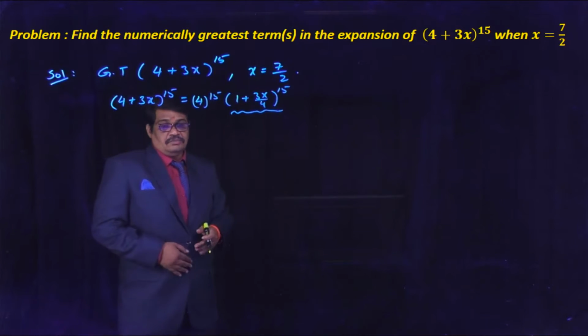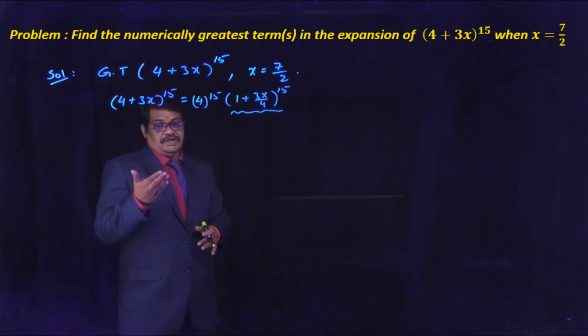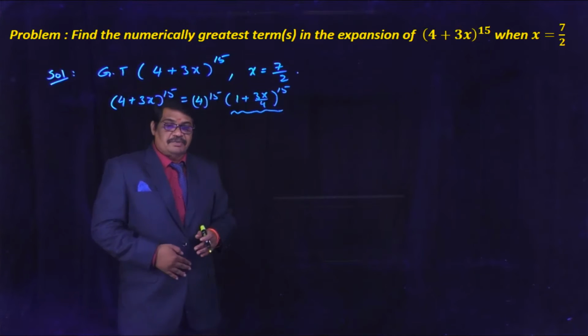So in that form, how do we find the numerically greatest term in the expansion?